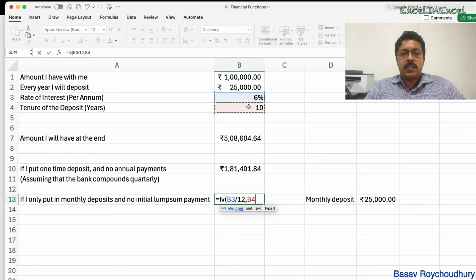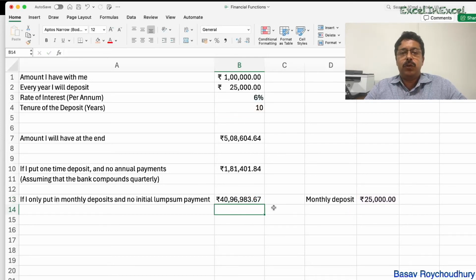Total number of periods is 10 years into 12 months. I'm going to give 25,000 per month, but again this will go out of my pocket. So minus 25,000. There is no PV and therefore I can leave it blank. I don't give that value because that was optional, and therefore this formula should get me this.